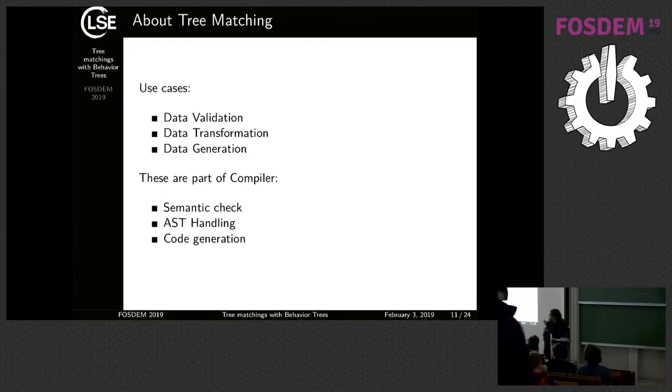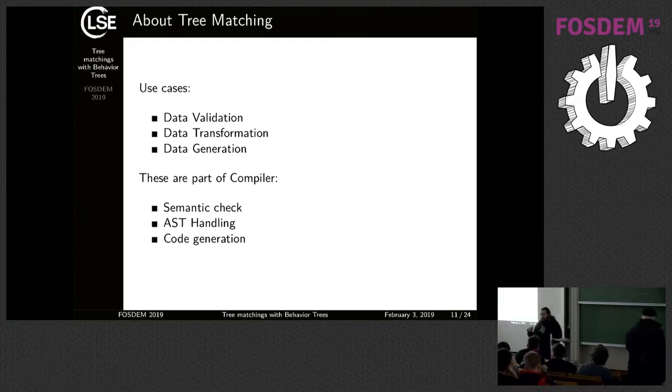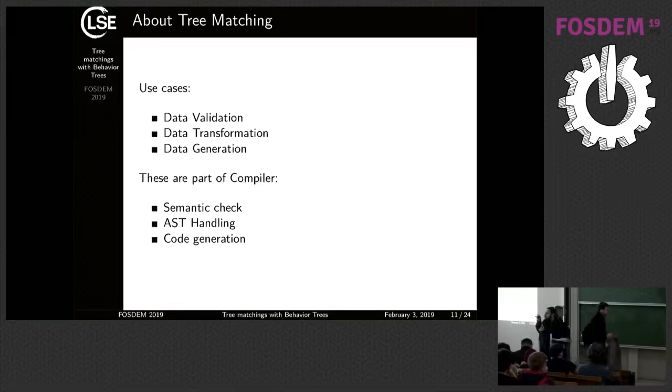Tree matching comes up at any moment where you need to do some data validation. You have a complex data representation inside your application, and you need to identify inside this big data tree some form and validate that it is correct or incorrect. You could use tree matching for data transformation, because you want to match some form and rewrite only this kind of data inside your tree.